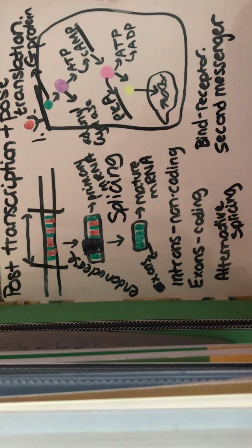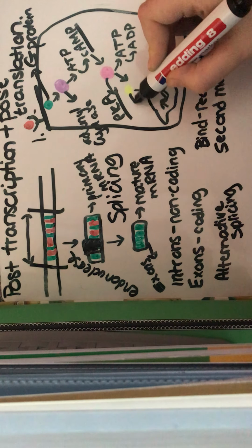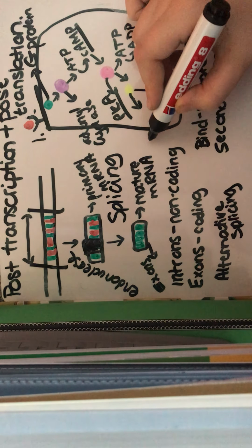So PKA may phosphorylate another protein, CREB, which is cAMP response element binding. So this is a CREB protein.